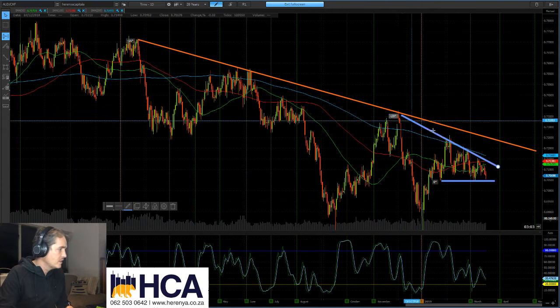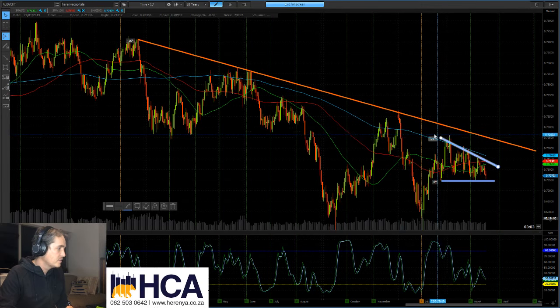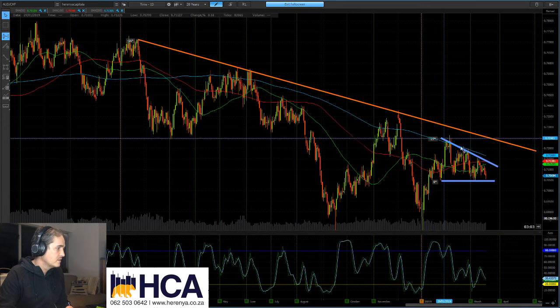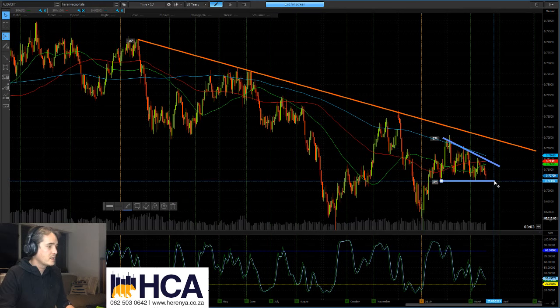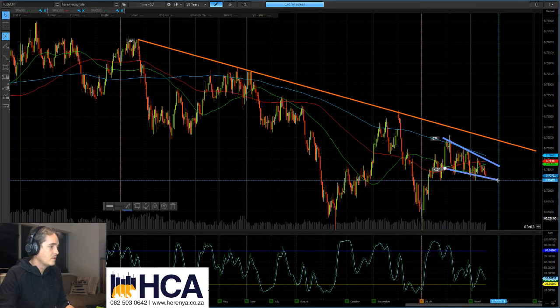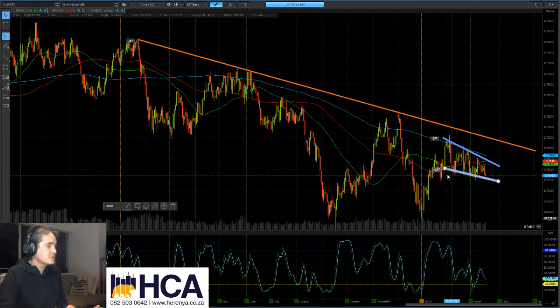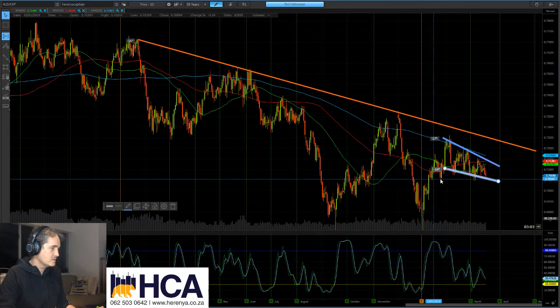In the meantime, this is a flat bottom triangle, right? Okay, it's not drawn perfectly in here, but this is basically, to me, a flat bottom triangle. You're seeing a wedge because you're doing that, which I suppose could work, but then this low, you could see it was a significant level, even going back.